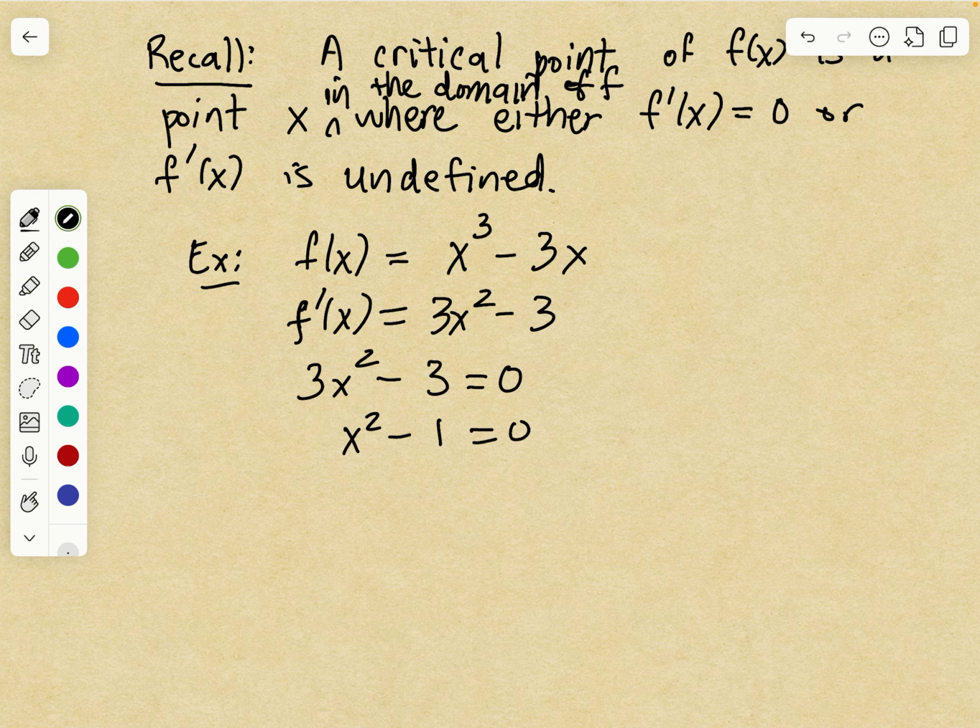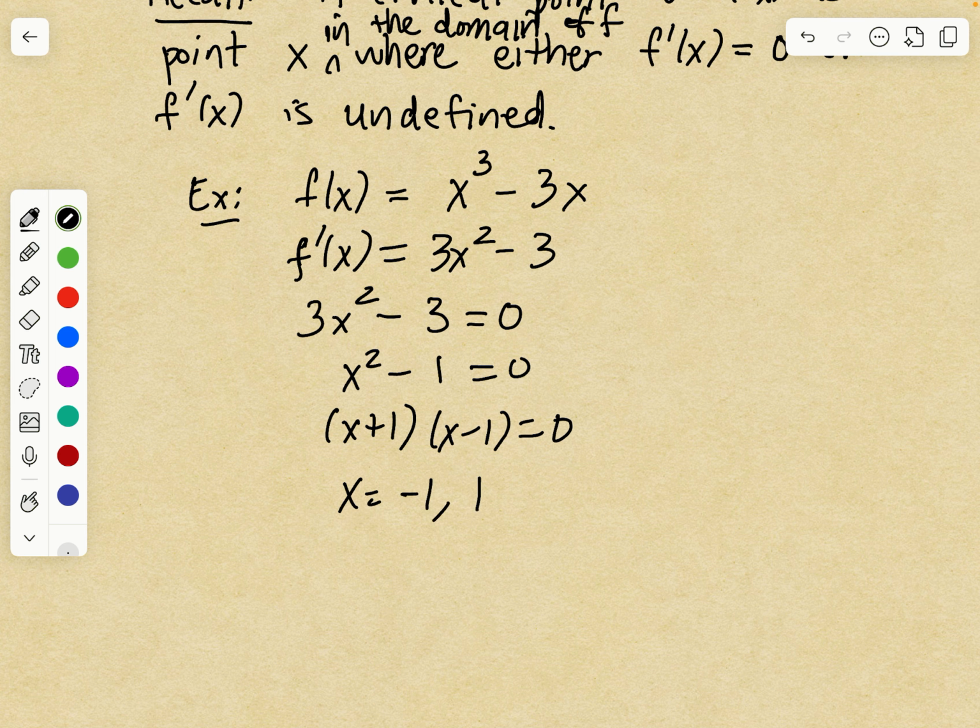And then this factors as x plus 1 times x minus 1 equals 0. And so you get x is equal to negative 1 and x is equal to 1. So these are the critical points, or critical numbers, depending on the book, of your function. There are two critical points of the function.